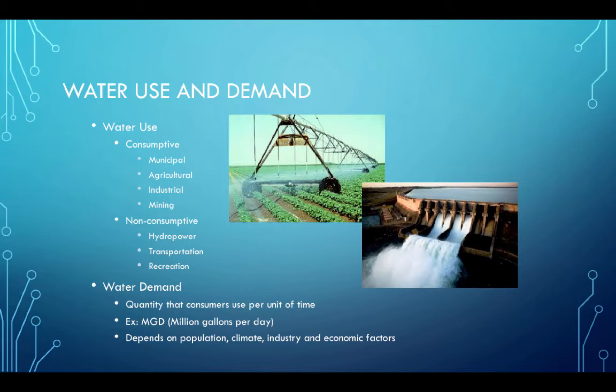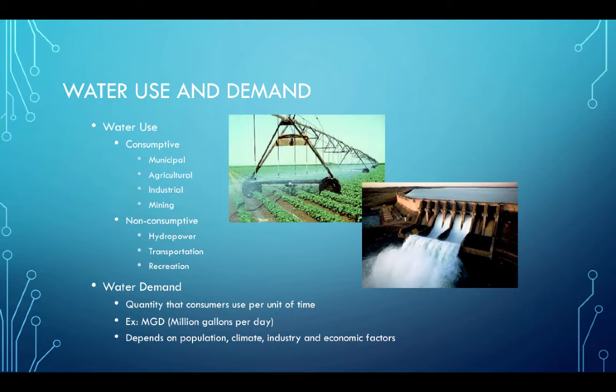Non-consumptive use are things like hydropower. So we run water through the turbines to make electricity, and other than the water being in a different location, it's still usable for either that purpose or other purposes. Water used for transportation is considered non-consumptive, assuming we don't spill a big old load of methyl ethyl death into it. And then water used for recreation is non-consumptive.